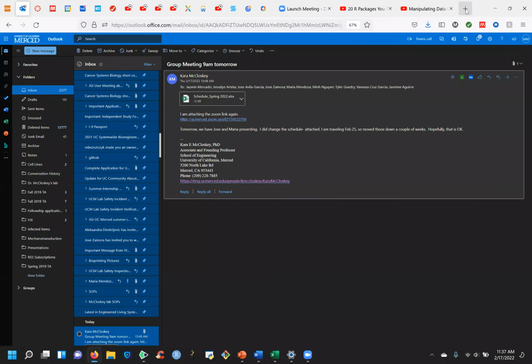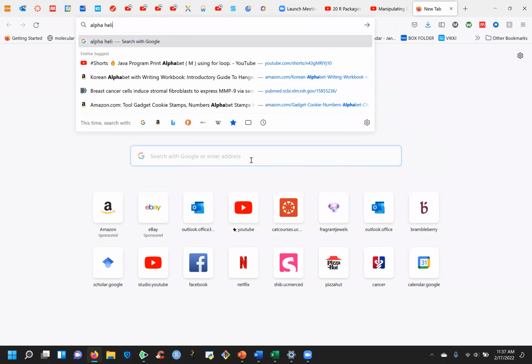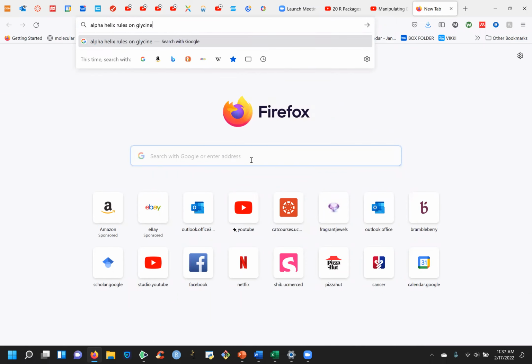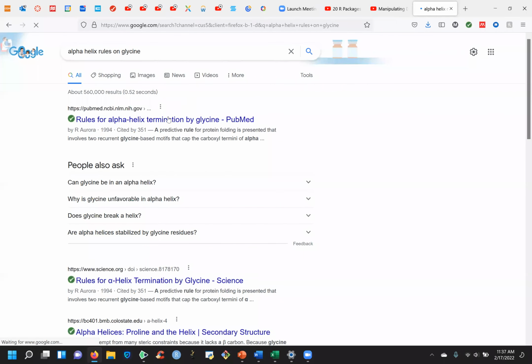Let me look for alpha helix rules on glycine really quick. Just want to make sure we know what's happening. So here's the NIH. This is a good reference.